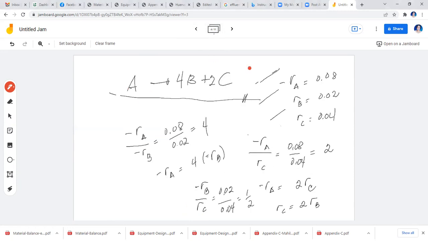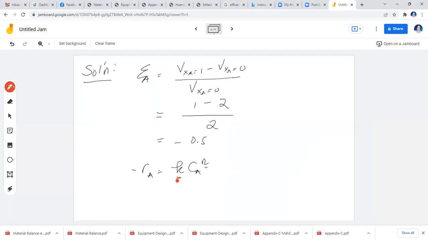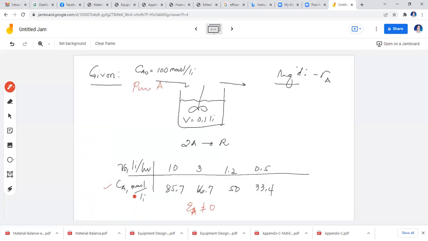Oh, sorry. This is our problem. We need to find the K and the N. Varying volume. So how do we find the K and the N? Josh said that we're going to find the CA. The CA is already part of the given. Okay? It's already part of the given. Then what do we do if it's already part of the given?